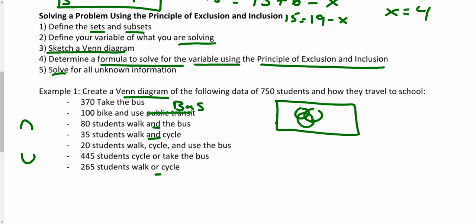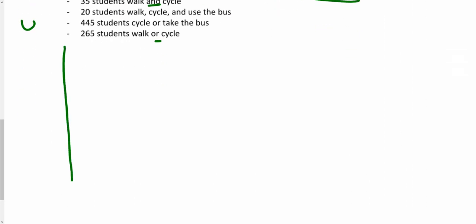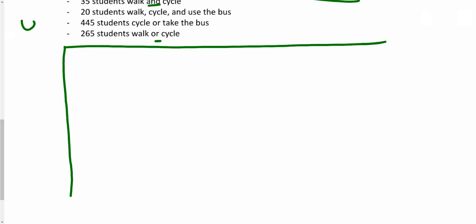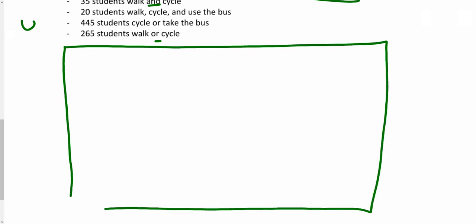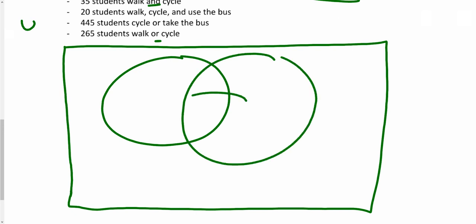So let's create a Venn diagram for this. I'm going to draw it nice and big down here. I think there's lots of room for my three-ring diagram. It's got lots of information to get in there. Okay?